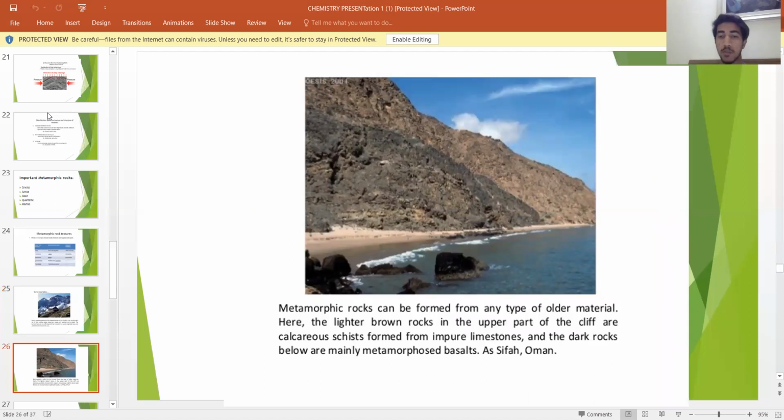Metamorphic rocks can be formed from any type of older material.